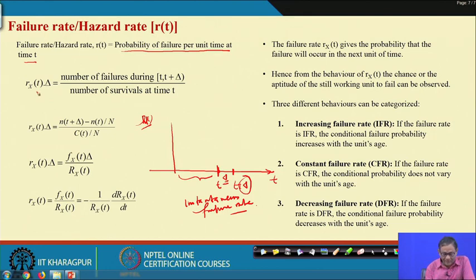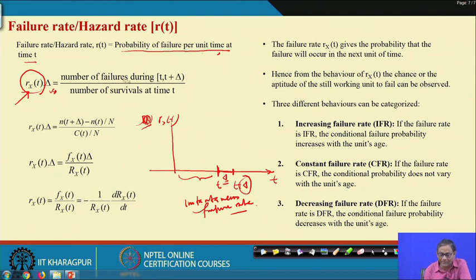Then by this definition, if we denote that h(t) is the hazard rate, it is the number of failures during this period of time, and we are saying per unit time. So that means divided by delta; we can multiply delta on this side, no problem.